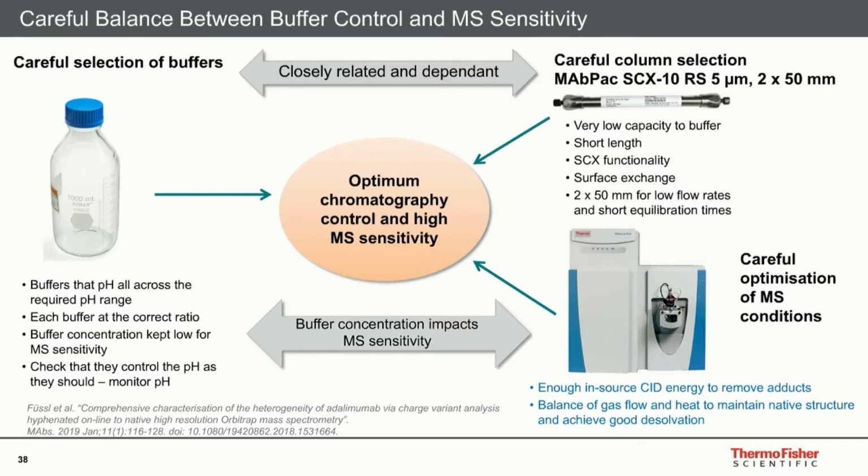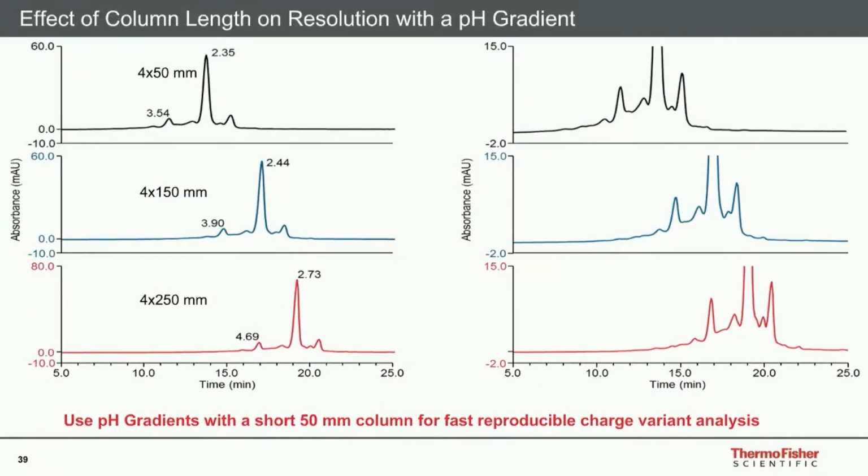So I would like to give you one example of column length. I didn't mention in the previous slide that we have used the 50 millimeter column, which is rather short. Just to show you the reason why this is a very well suitable column, this slide shows a nice comparison of 3 different columns that just vary in length. They're all 4 millimeters in diameter, but the top chromatogram shows 50 millimeter, the middle one 150, and the bottom chromatogram shows 250 millimeter in length.